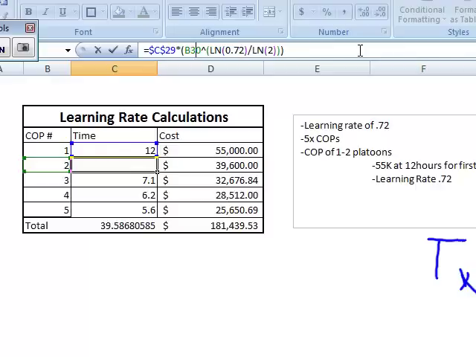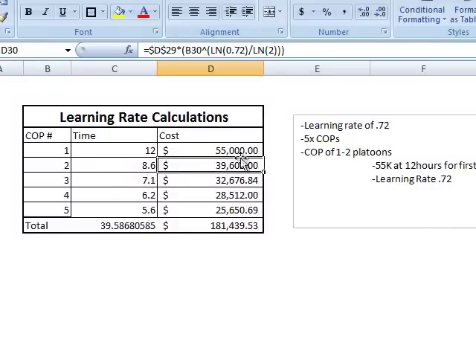And you can see that up here this Excel formula matches that same value. So for example, the second COP, we have C29, which is T sub 1, times B30, which is the number COP, raised to r, and r is the natural log of 72, our learning rate, divided by the natural log of 2, which gives us a value of 8.6 hours. And then we do the same thing for cost.